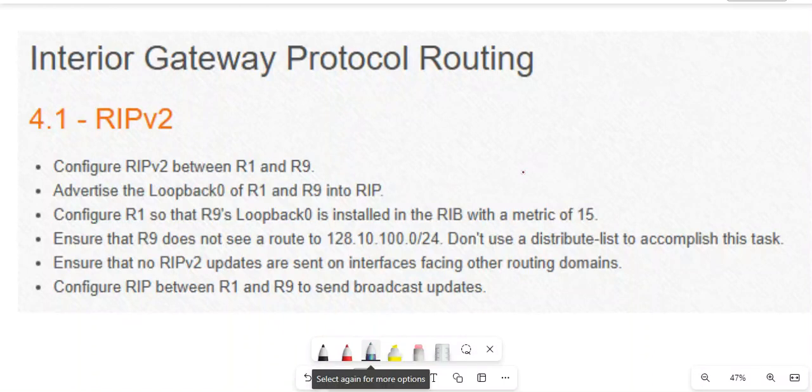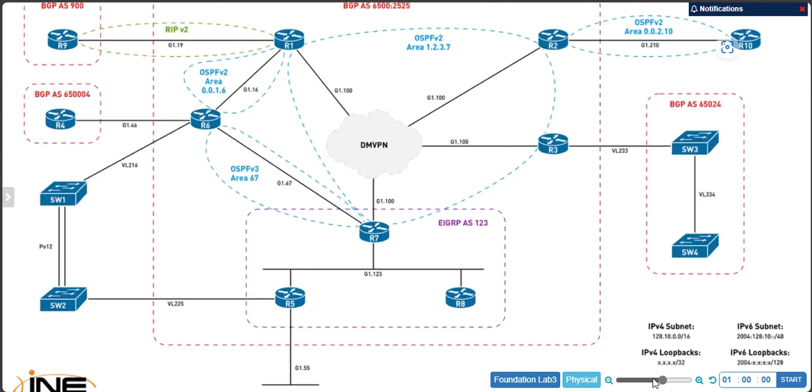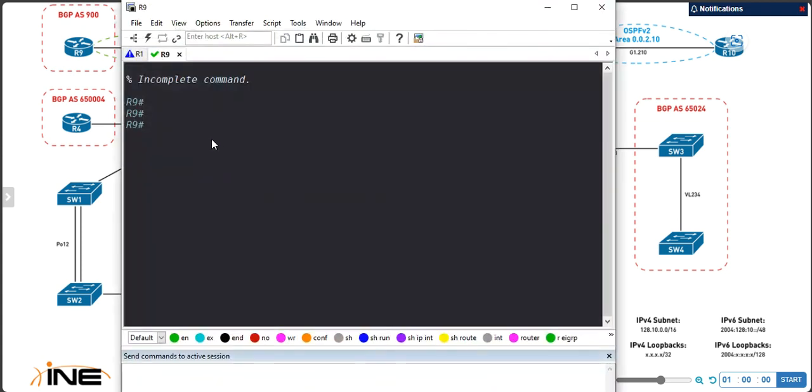Okay, let's see what we should do here. Let me show the topology. This is our topology. We have BGP. We should configure RIP version 2 between R9 and R1 under this Ethernet 1.19 interface.